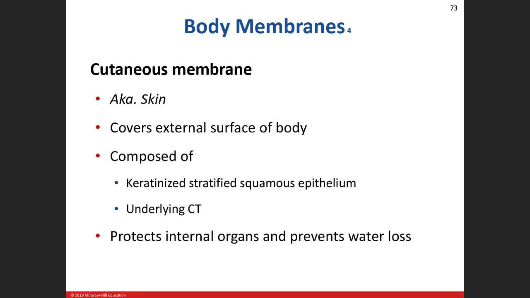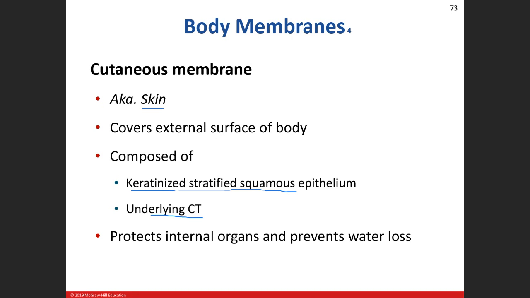All right, the next type of membrane is the cutaneous membrane, also known as the integument or the skin. It is on the external surface of our body, made up of keratinized, dead cells, keratinized stratified squamous epithelium with connective tissue sitting underneath.